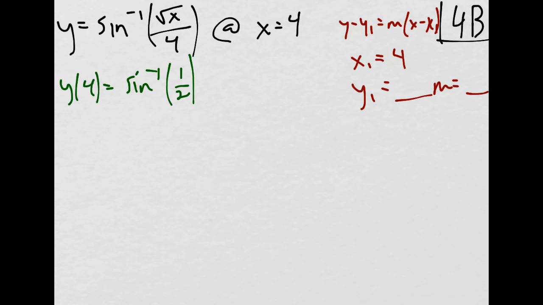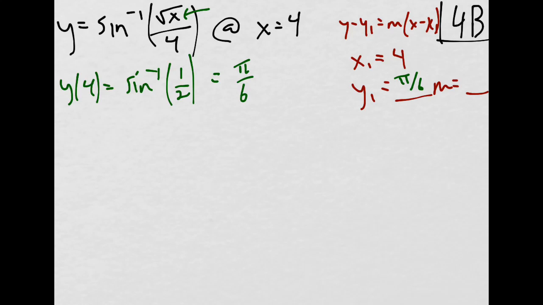Plug in 4, square root to get 2 over 4, 1/2. So you need to pull out your chart or whatever you do to figure out sine inverses, and I get that that is pi over 6. So I can fill this part in right here.